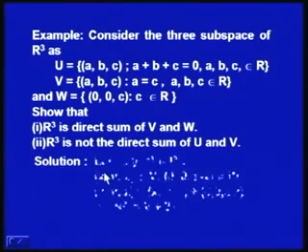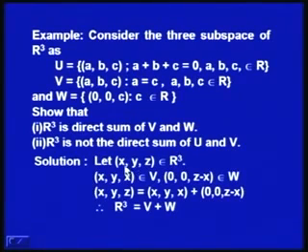So, the solution, we consider (x, y, z) belonging to R cube and we prove that any vector in this can be written as a vector from V plus a vector from W, that is the first part. So, let us say (0, 0, z minus x) belongs to W. W is of the form (0, 0, c).